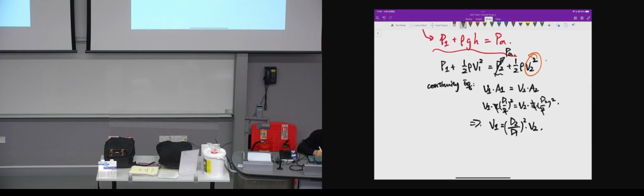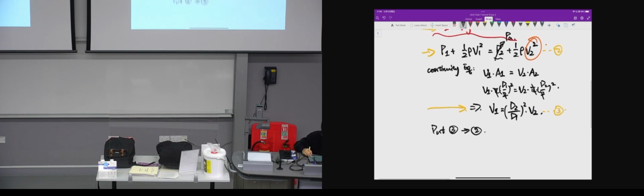So we have these three equations. We have this one, this one, and this one. Let's name them equations 1, 2, 3.